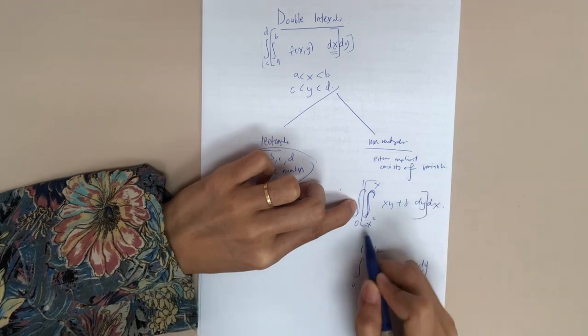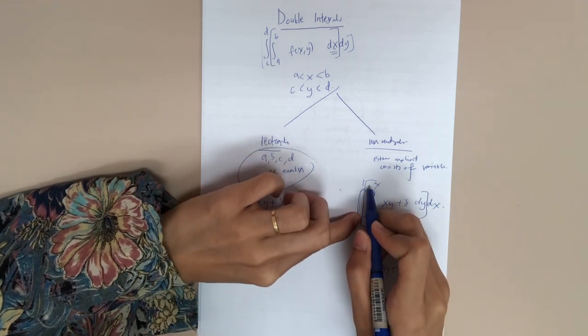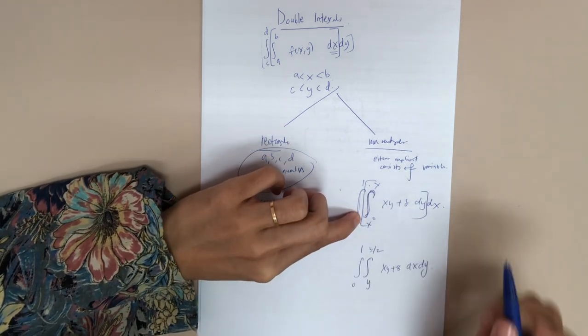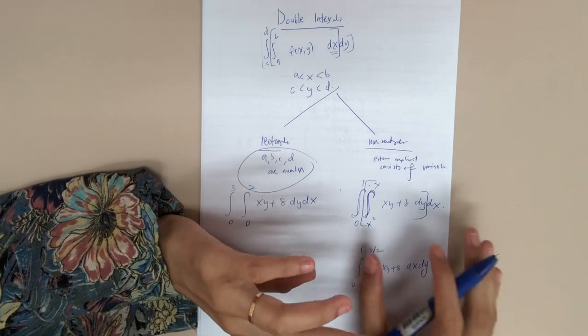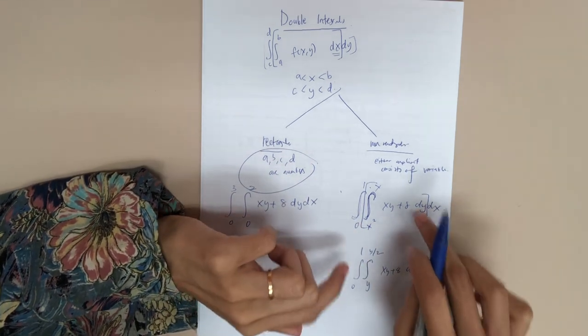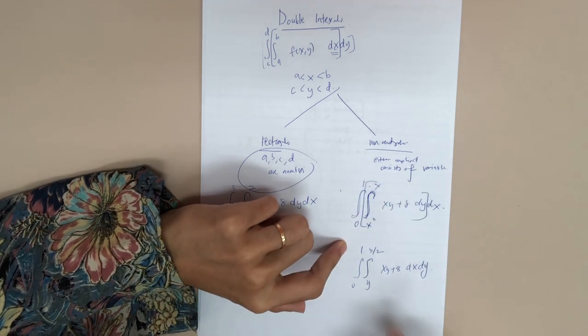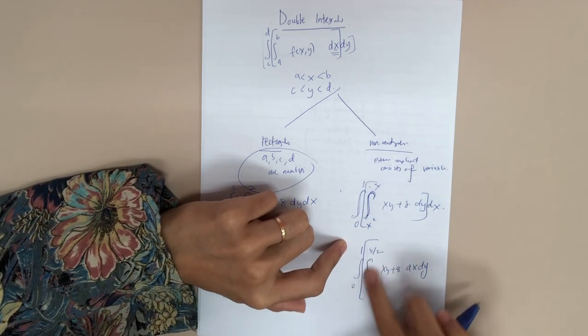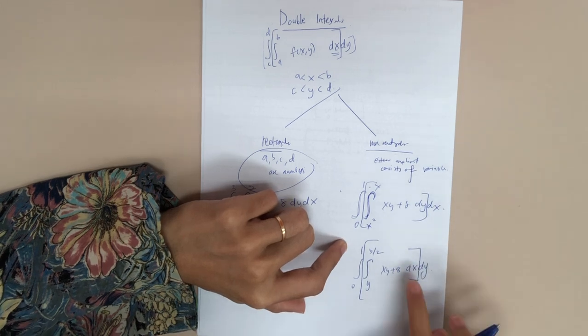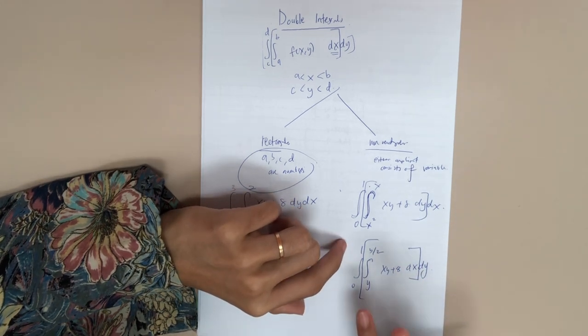It must be contra: if here is dy, the variable limit must be x. In this one your limit is y, and this one is dx. So it must be contra.